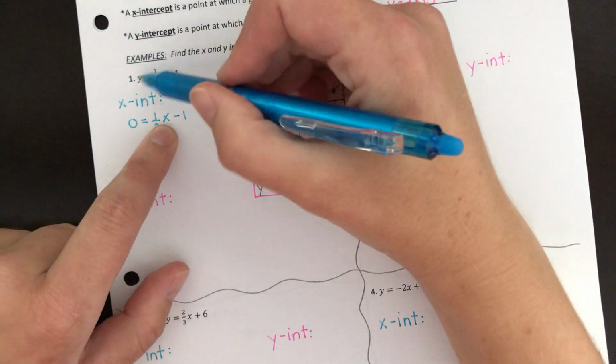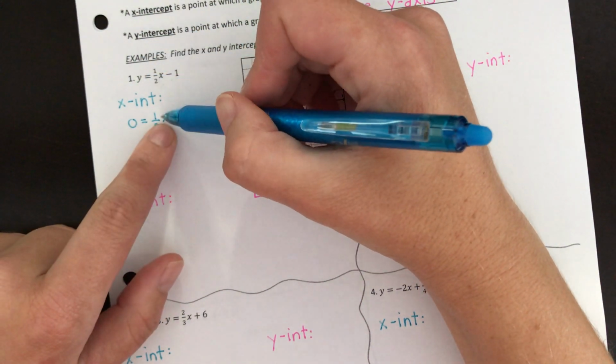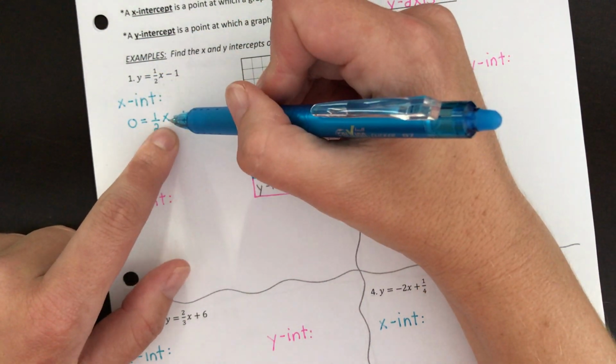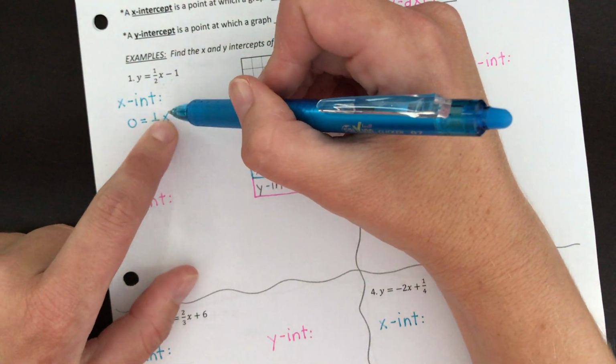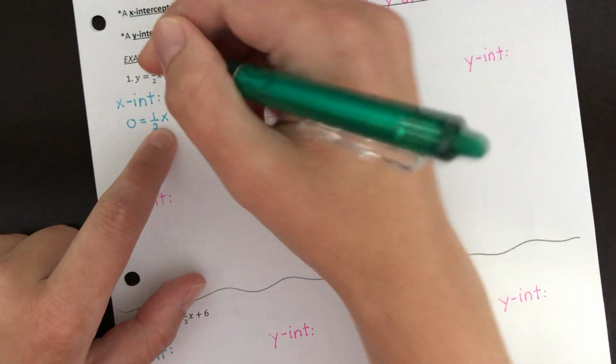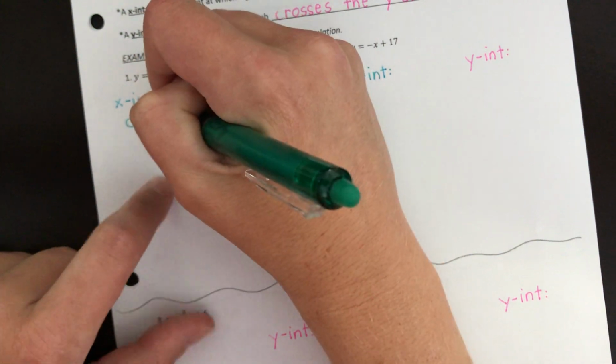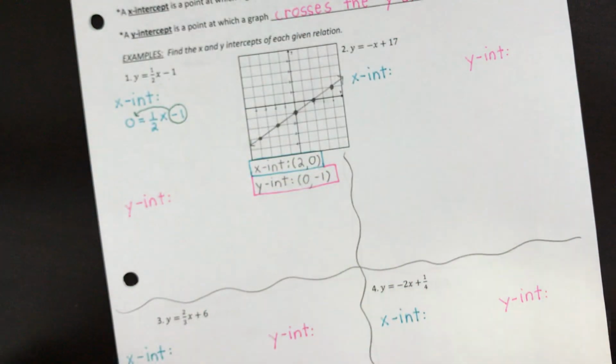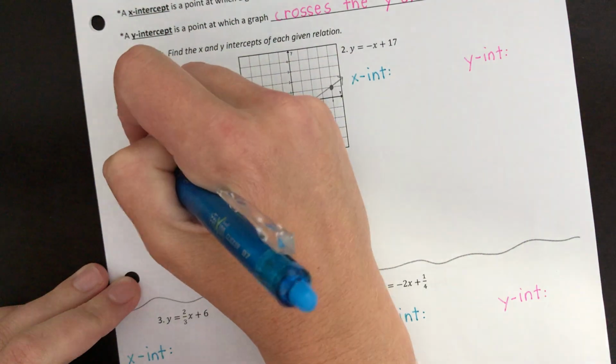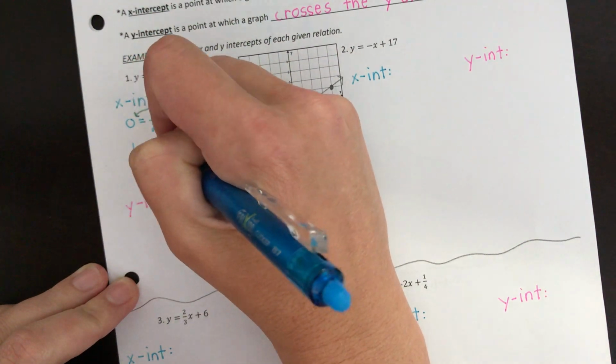It makes sense that I plugged in 0 for y, because when I'm finding the x-intercept, the only variable I see is x. So I want to isolate that x, which means I'm going to move this -1 across the equal sign. So this will become +1 equals 1/2 x.